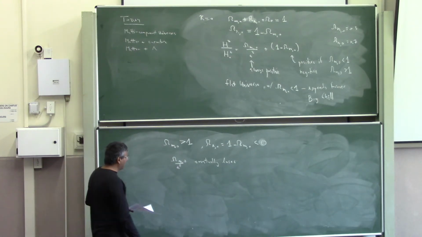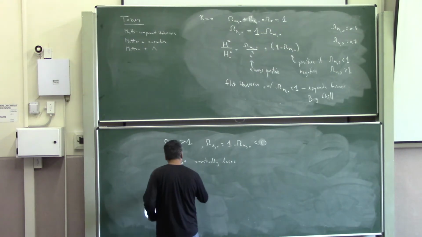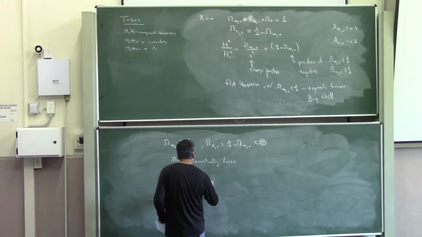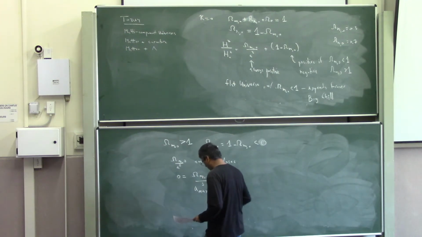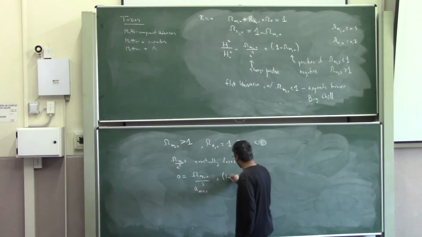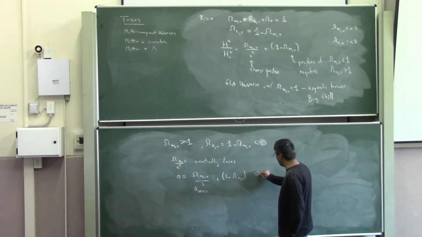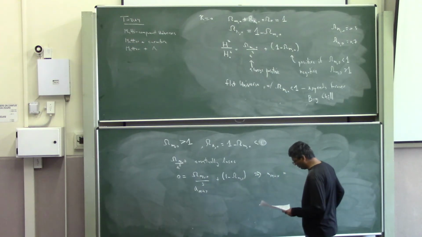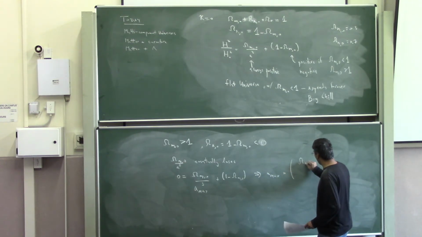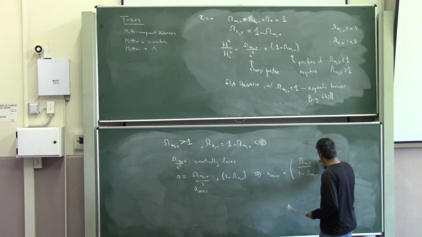Okay, so the negative side eventually wins, and eventually 0 is equal to omega m0 over a max cubed plus 1 minus omega m0, which implies that the universe achieves a maximum, and a max is omega m0 over 1 minus omega m0, to the 1/3.